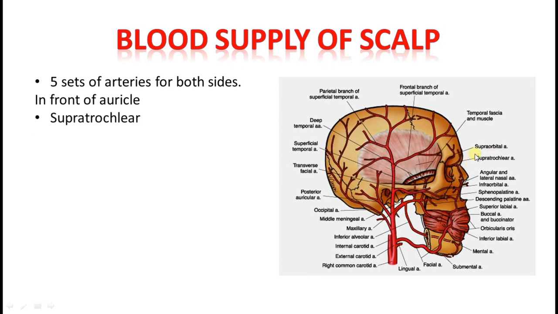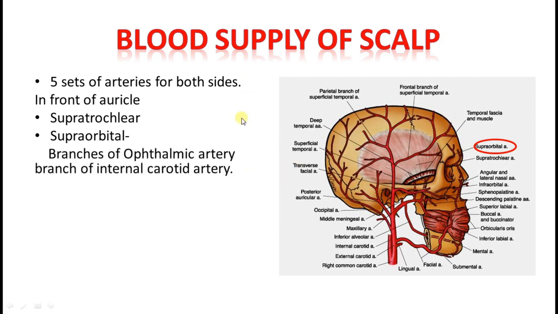These two arteries mainly supply the forehead region and also the anterior part of the scalp. They both are branches from the ophthalmic division of the internal carotid artery. Supratrochlear is medial, supraorbital is lateral, which emerges from the supraorbital foramen of the skull.